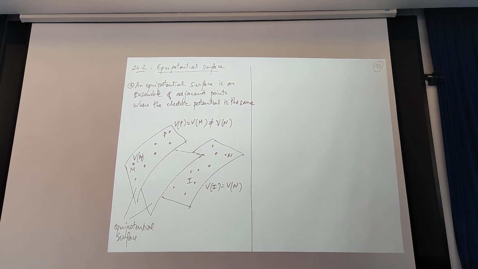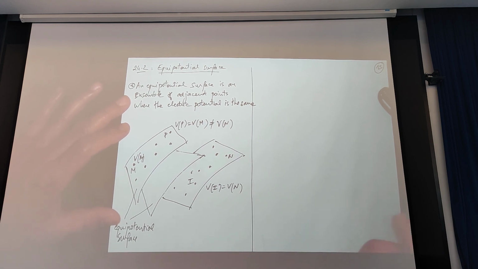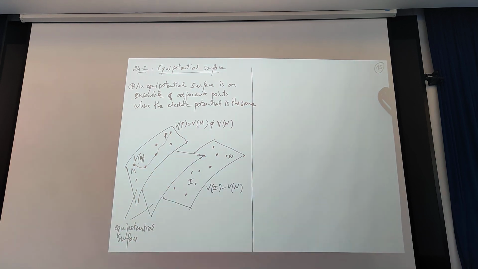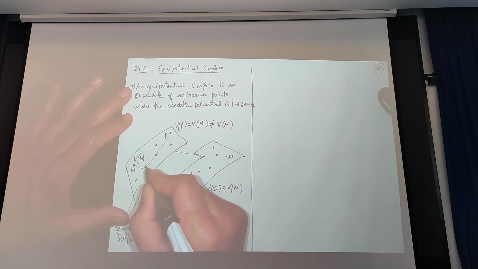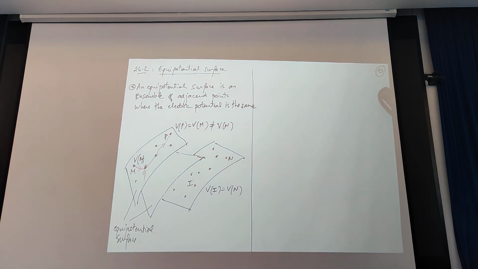Okay, so now, if we consider a charge Q somewhere, the energy required to move the charge Q, for example, to P, on the equipotential surface is equal to zero.